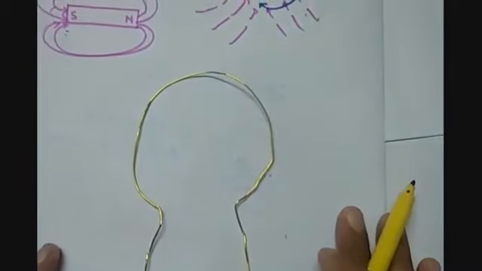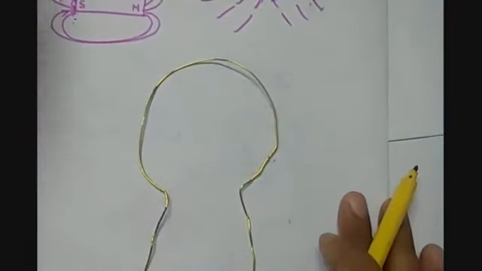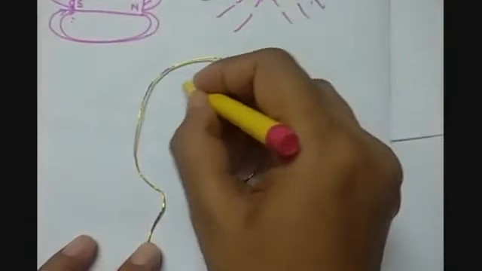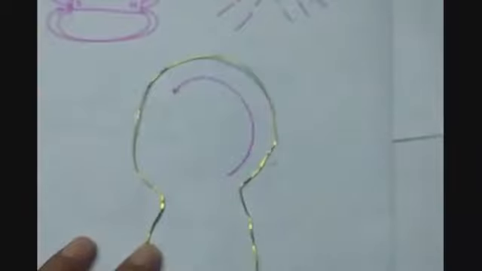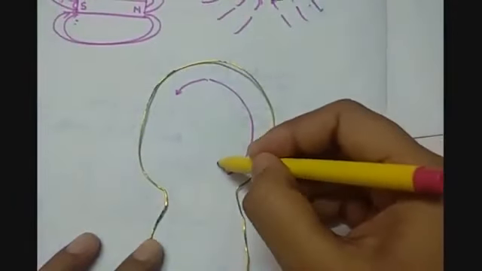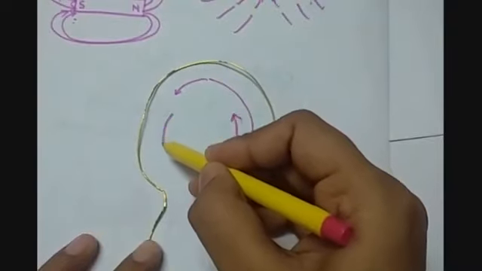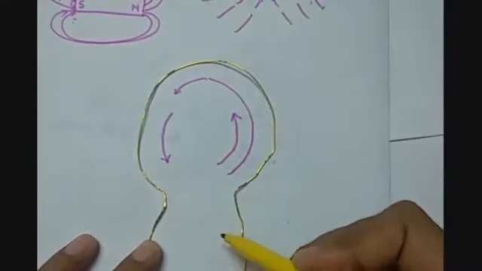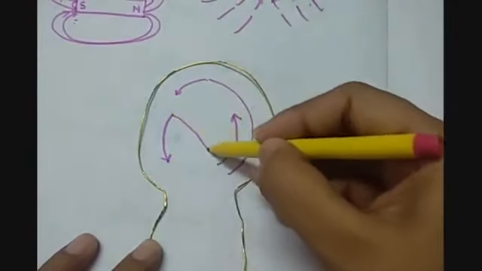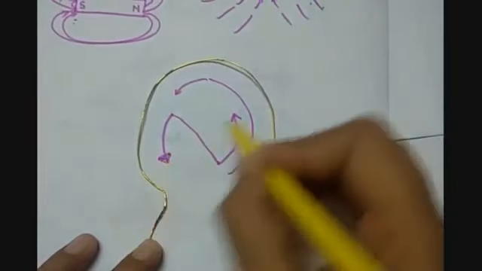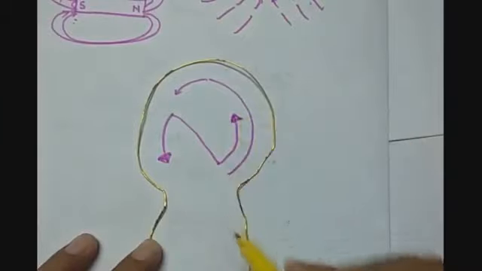The other part of it is that when in a circular loop the current is flowing in such a way that the flow of current is anti-clockwise, or you can say the current first flows upward and then it comes downward, and when we merge these two, these arrows are indicating the flow of the current.